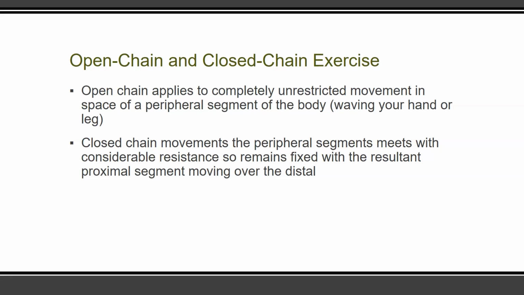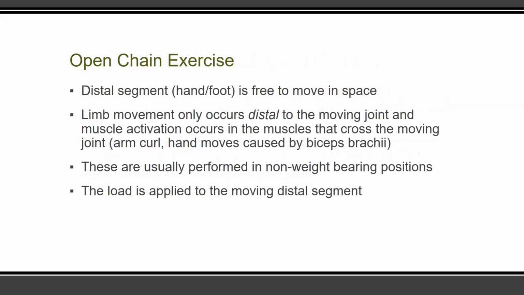A closed chain movement has the peripheral segments meeting with resistance, so it remains fixed with the resultant proximal segment moving over the distal. A prime example is a push-up, and I'm going to be showing you some pictures here in a minute.